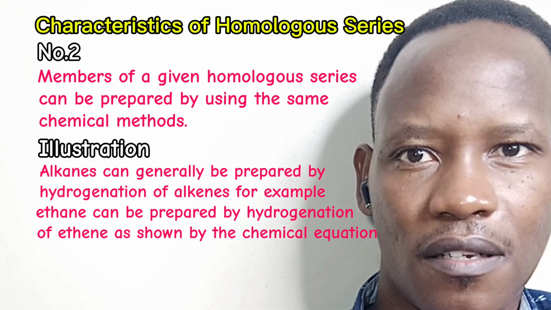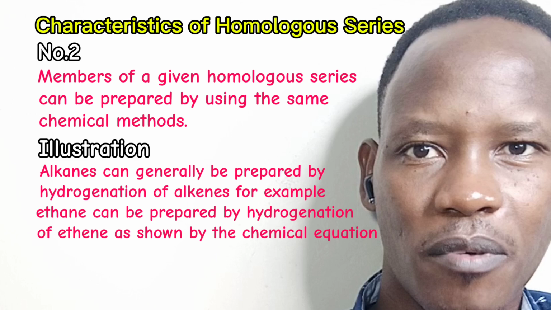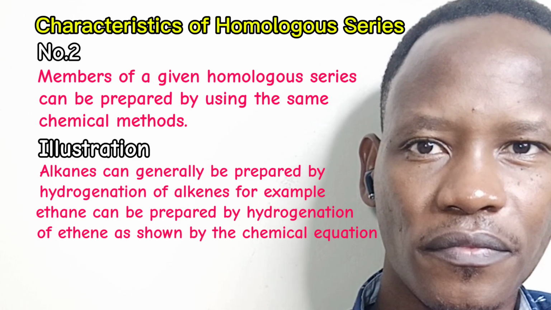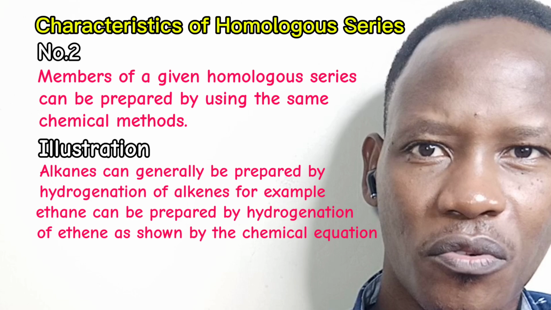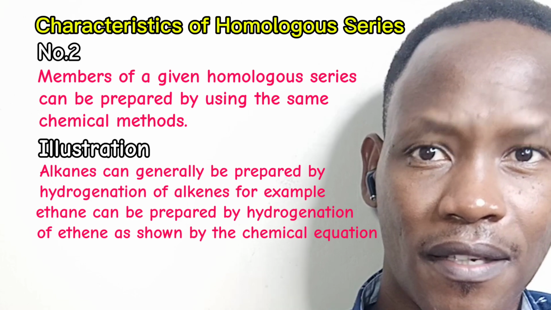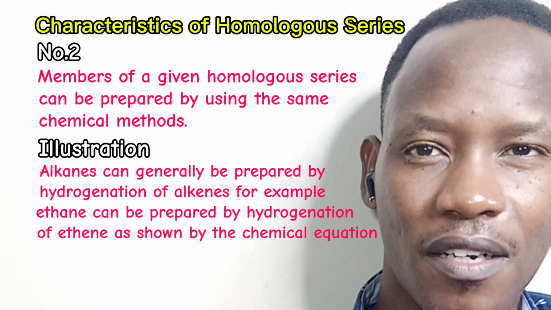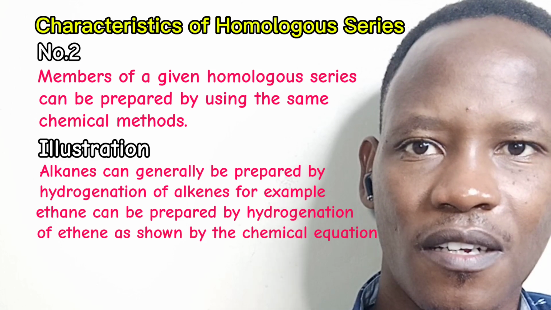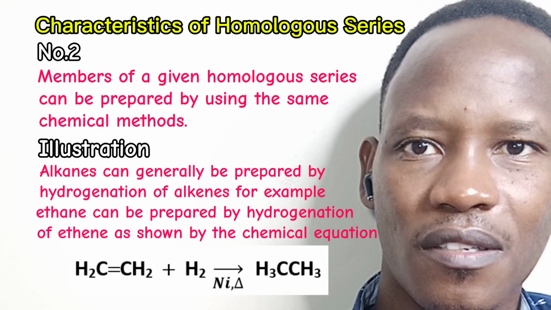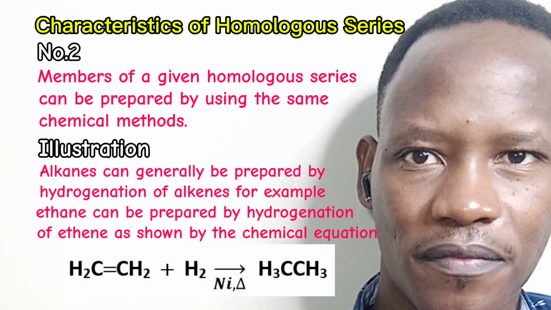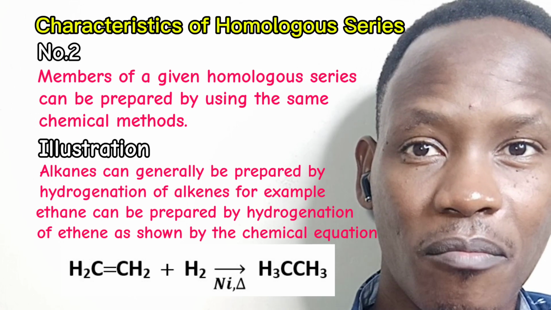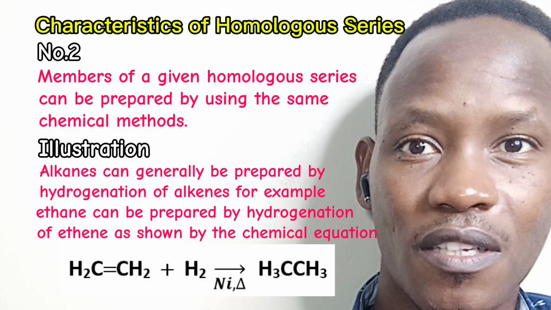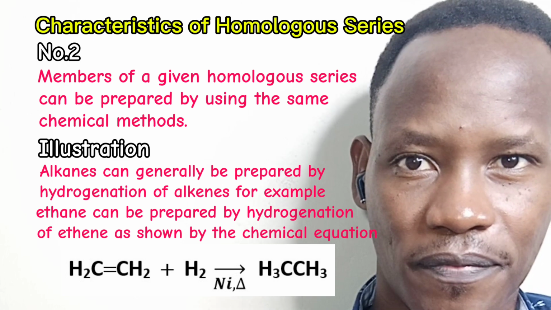A case in reference is the preparation of ethane by the hydrogenation of ethene in the presence of nickel catalyst at elevated temperature, as represented by the chemical equation displayed besides here. All the other members of alkanes can be prepared by using the above general method.